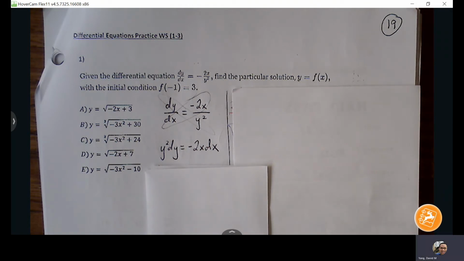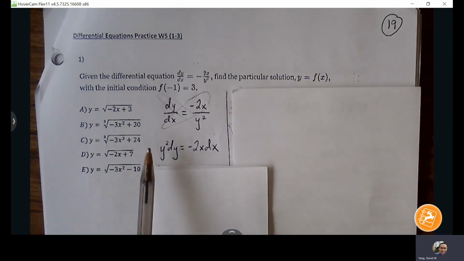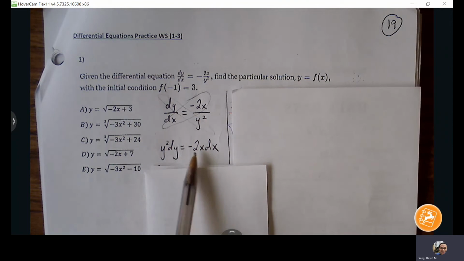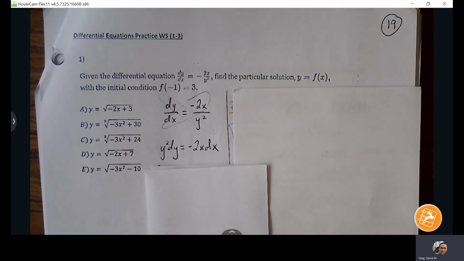After you cross multiply and get all the denominators moved up, we should at least have our dy dx's in the right places, right? Dy's on the left, dx on the right, and then we've got to decide, okay, do we need to move anything else?